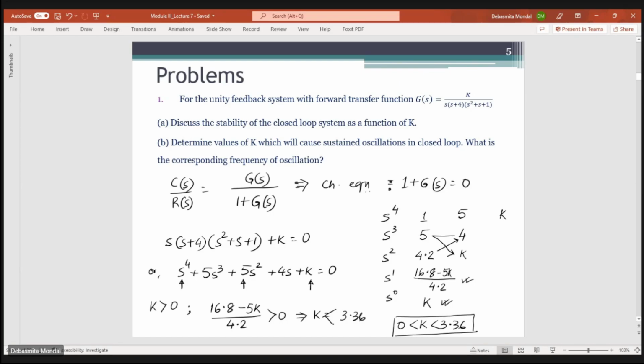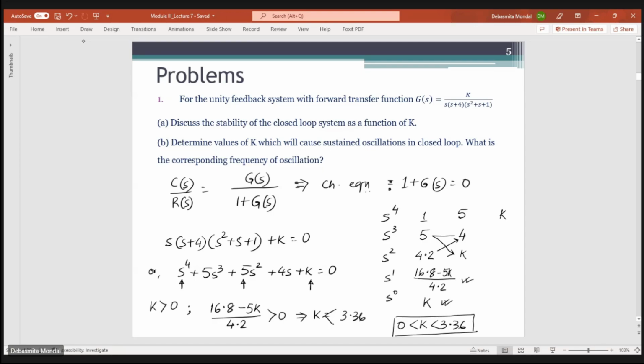You remember the special case of the Routh array: if the value of K becomes equal to 0, this term is 16.8 by 4.2. So you have two limiting values of K, one is 0 and another is 3.36, right?